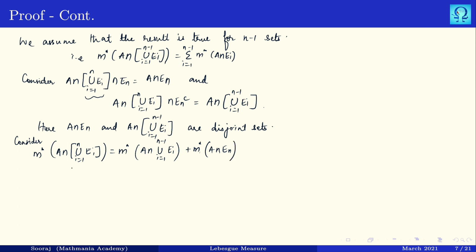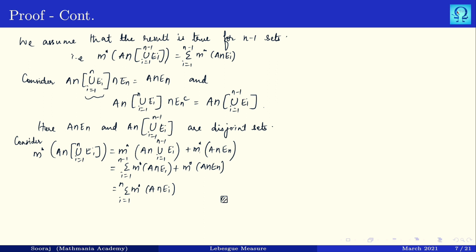Because we consider this entire union as a union of only two sets, and we assume the result is true for n minus 1 sets. So we split and write like this, and this is nothing but summation i runs from 1 to n minus 1 m star of A intersection Ei plus m star of A intersection En, and this happens to be summation i runs from 1 to n m star of A intersection Ei. And this completes the proof.